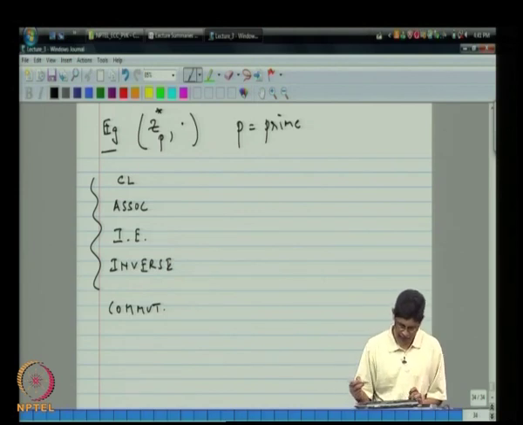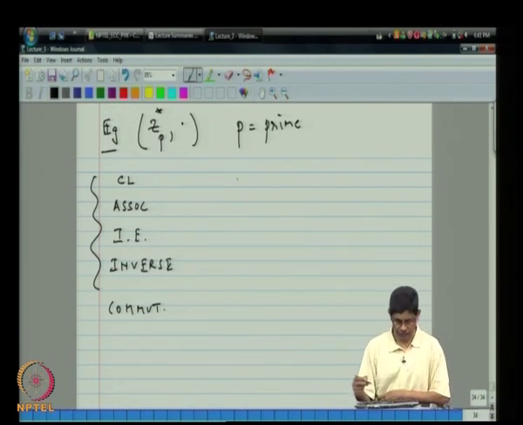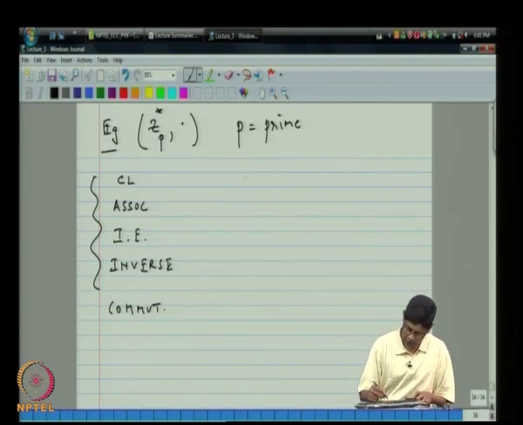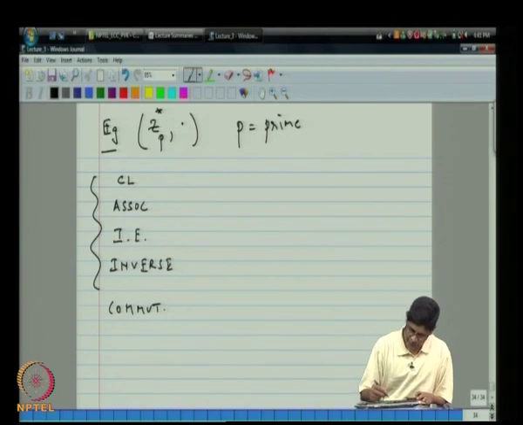And this time you can check closure. Since I do not want this to be a formal proof, I just want to convey the idea to you. So, let us take an example when p is 5.